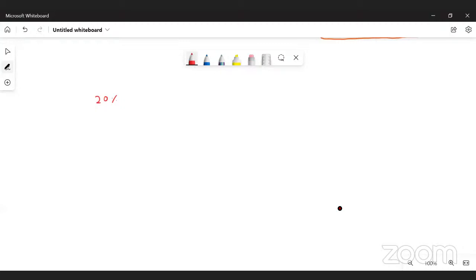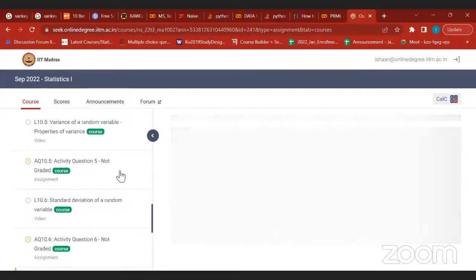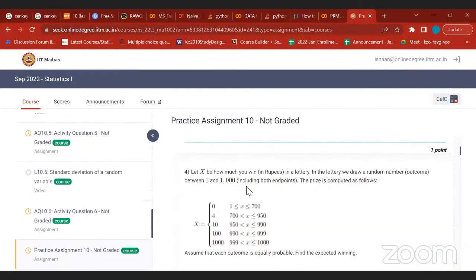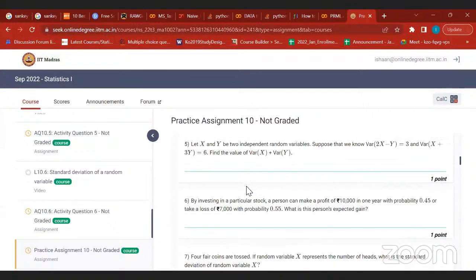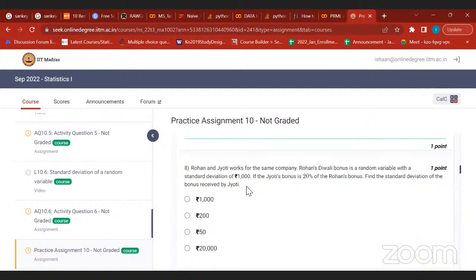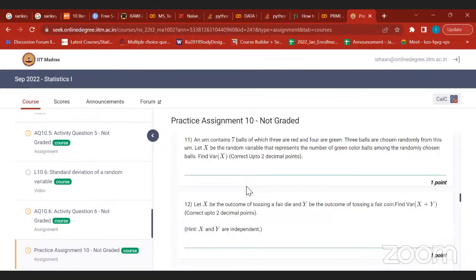It was given as 1,000, I guess; I don't remember the exact number. So B's standard deviation is given as 1,000 for the bonus, and A's bonus was 20% of B. What was the standard deviation of A? That was the question in the practice assignment, I guess.